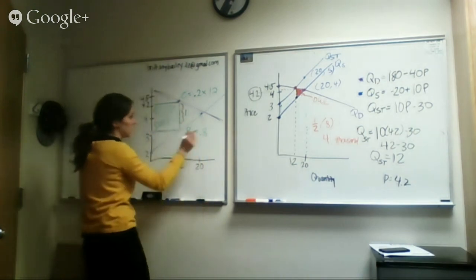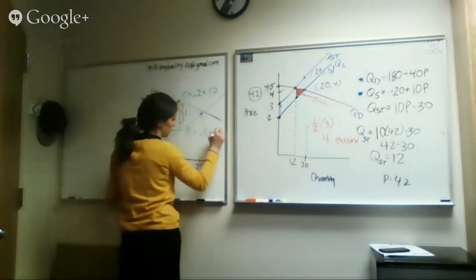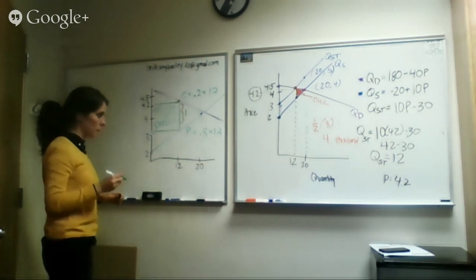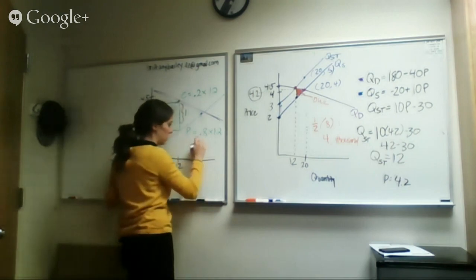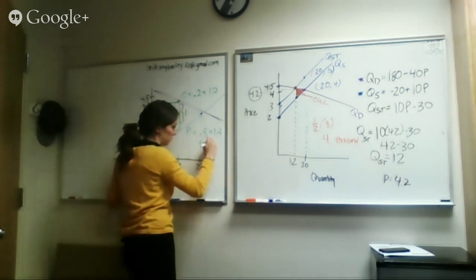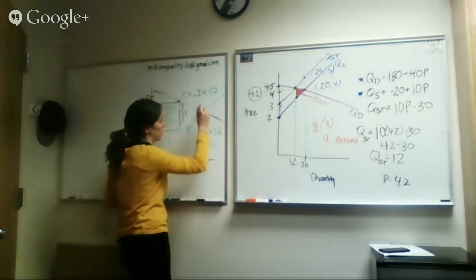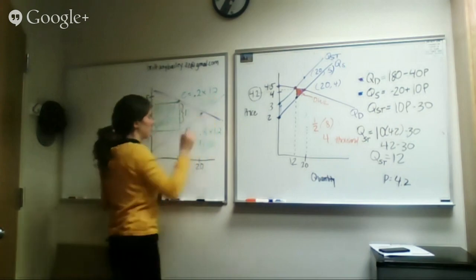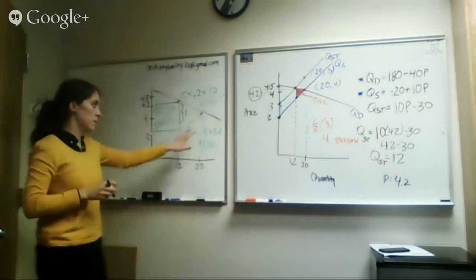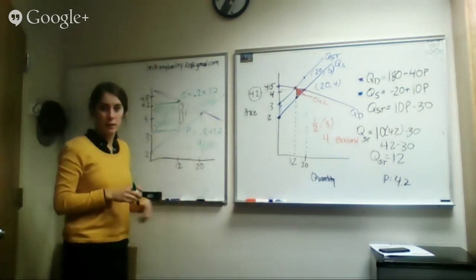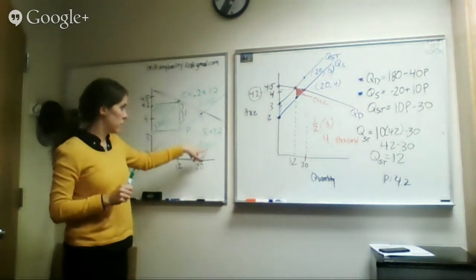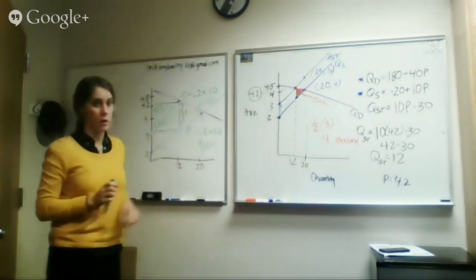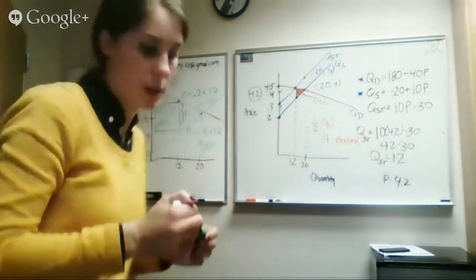It'll be 0.8 times 12. And it ends up being 9,600 and 2,400. If you multiply each of these by 1,000, then you get 9,600 for the producer burden and 2,400 for the consumer burden.